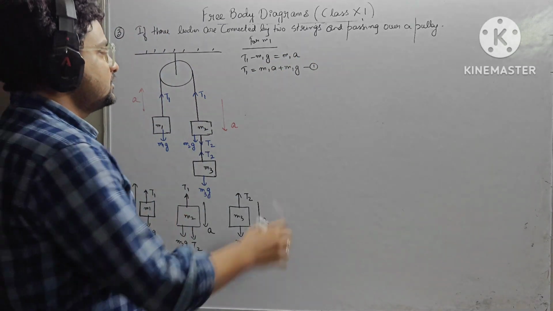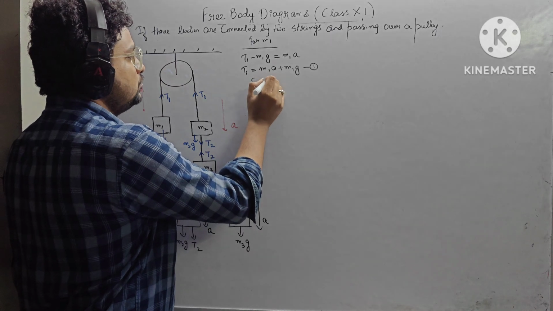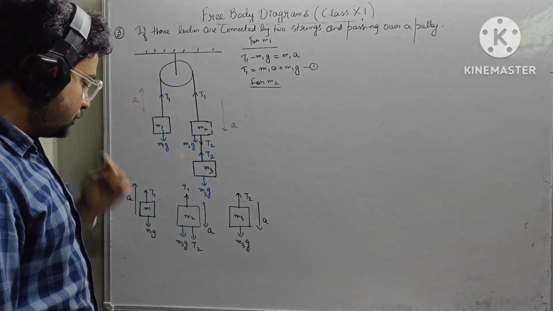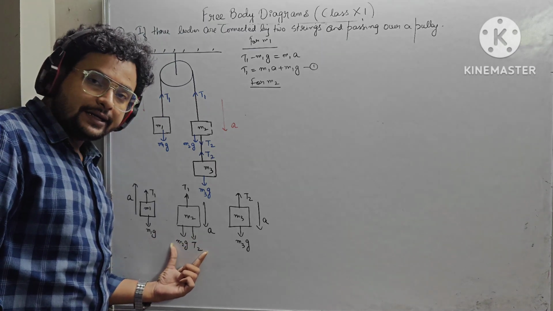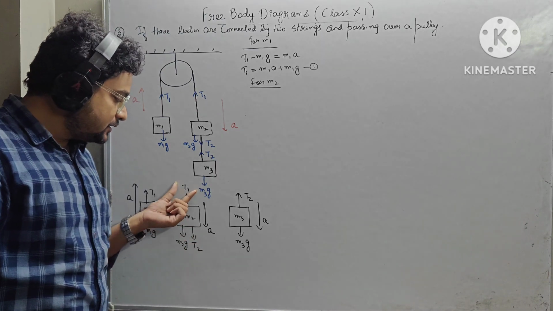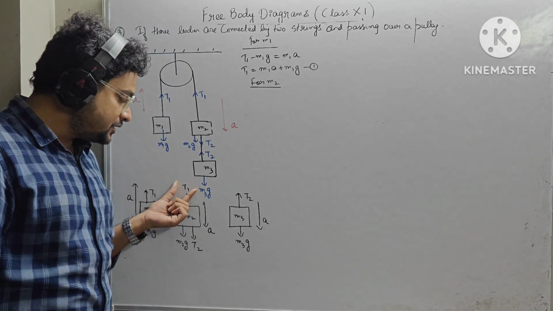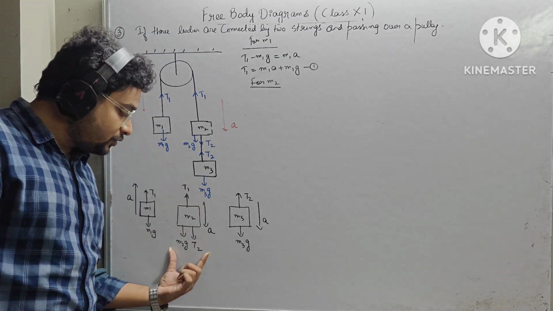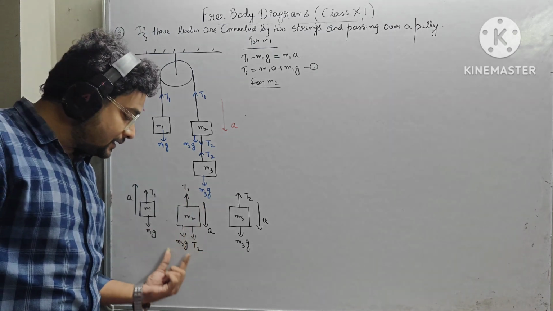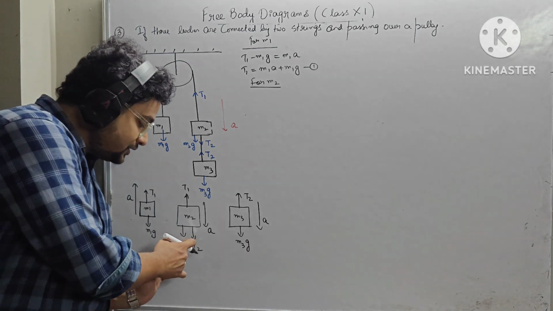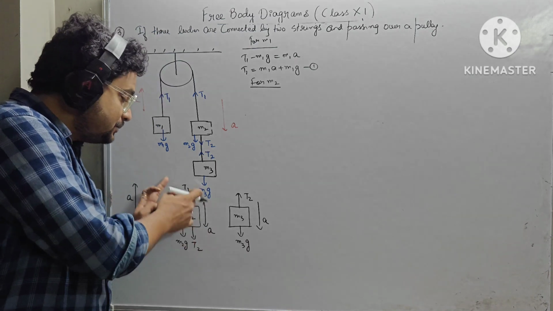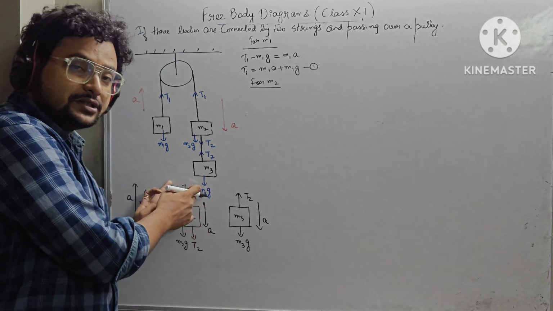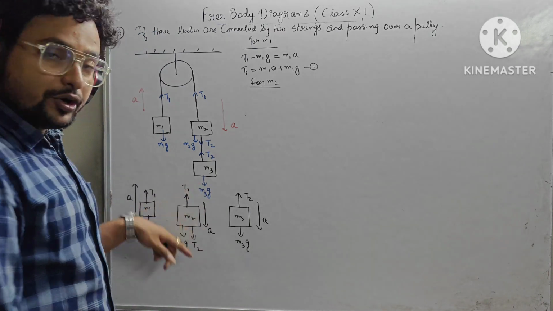Now let us go to the second body, M2. Okay. Now for M2, you see, these two forces are acting in the downward direction. This force is acting in the upward direction. The body is going down. So of course the resultant of these two, this one plus this one, must be greater than T1, since the body is going down.